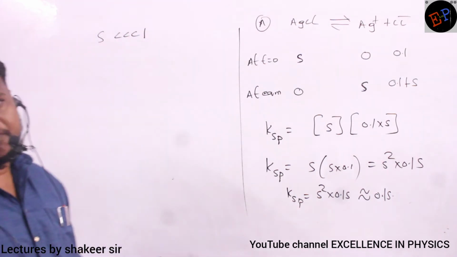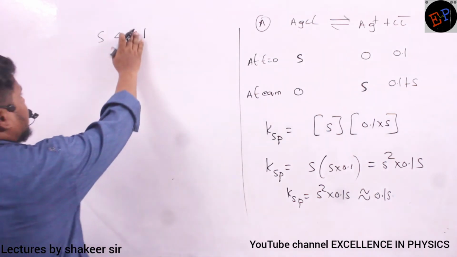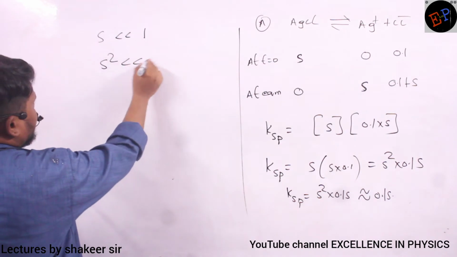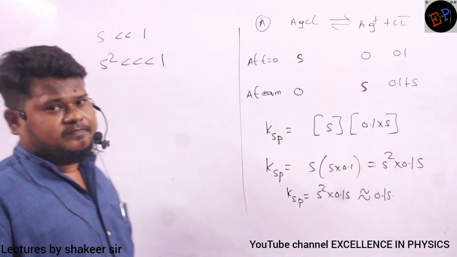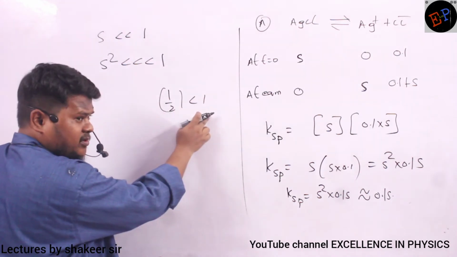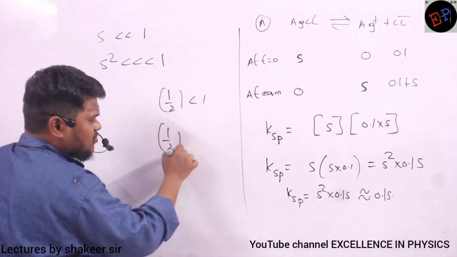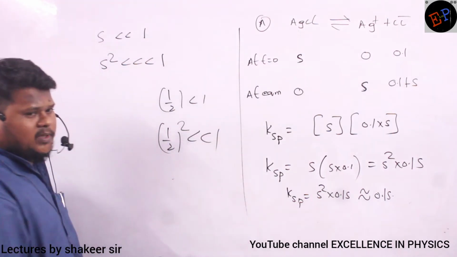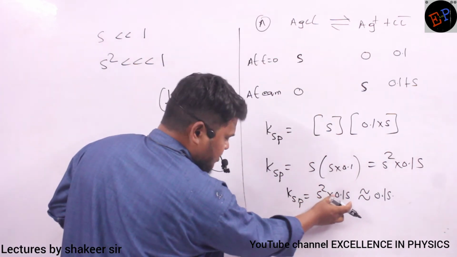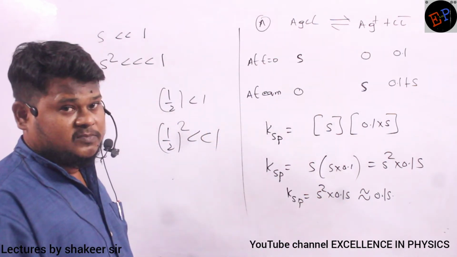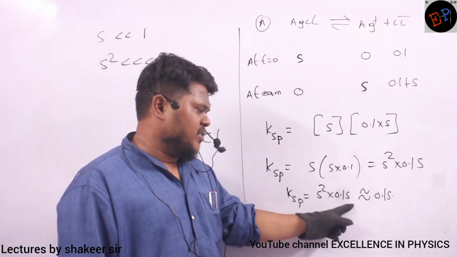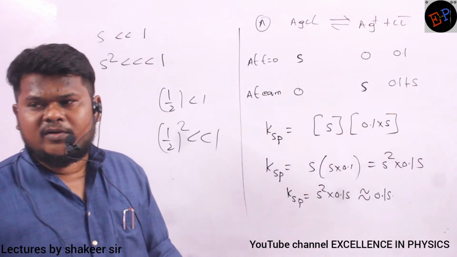If S is, say, 1 by 2, which is less than 1, then 1 by 2 whole square is very small compared to 1. So compared to 0.1, S square is a very small value, or you can say S square is negligible. Therefore, instead of S square plus 0.1 S, I am just writing 0.1 into S.